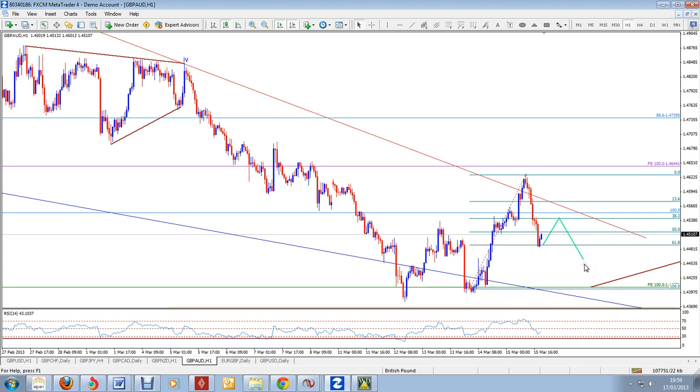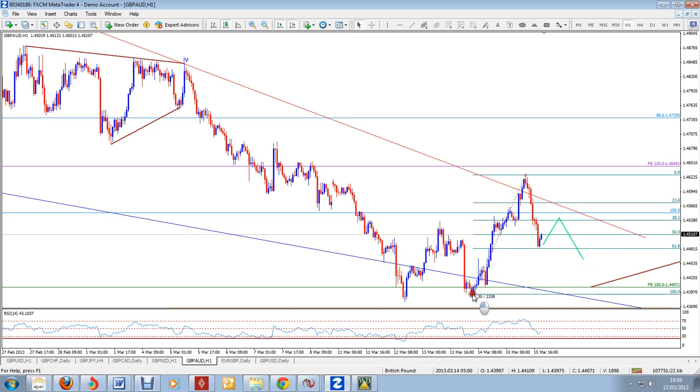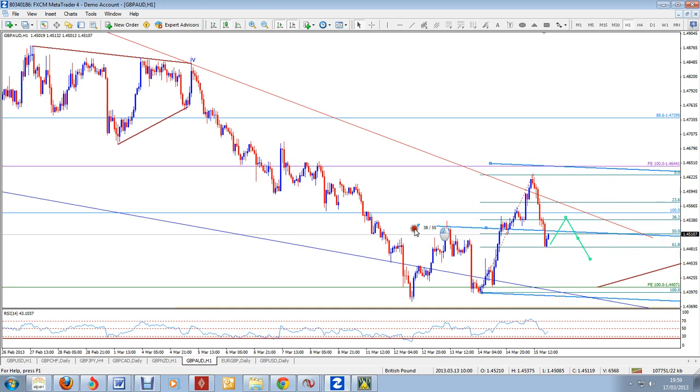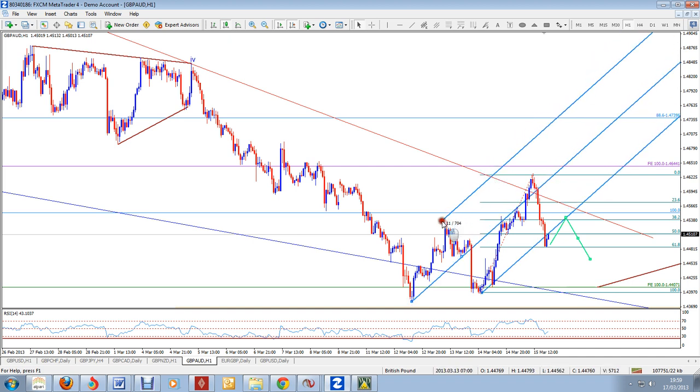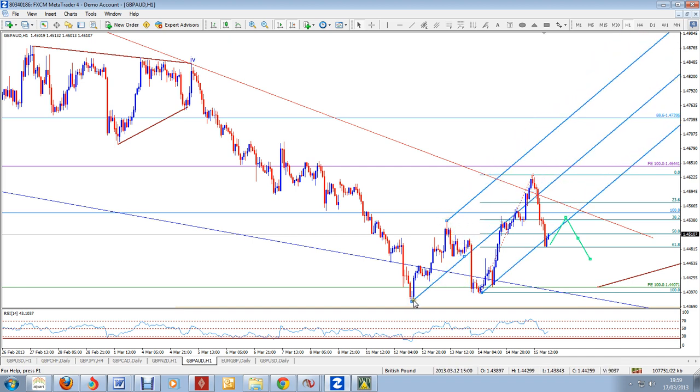So we've already retraced 61.8% of that leg up, so we might come down a bit deeper, and we should then be ready. In fact, if I put a pitchfork on, I don't know whether that's actually going to suggest or show anything. Maybe not too steep. Yeah, too steep.